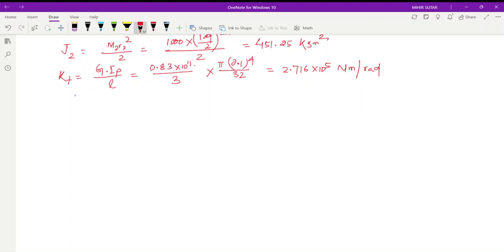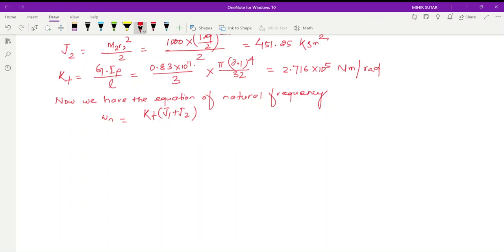Okay. Now the equation of natural frequency, omega n will be root over KT (J1 plus J2) divided by J1 J2, as we have derived earlier.